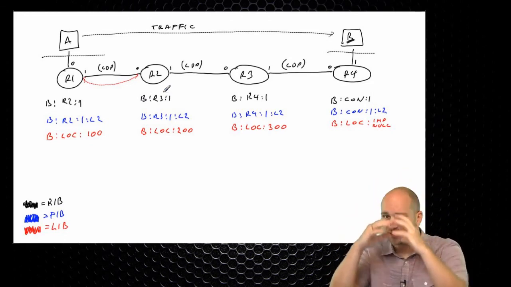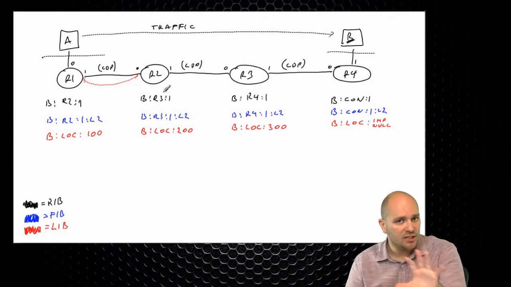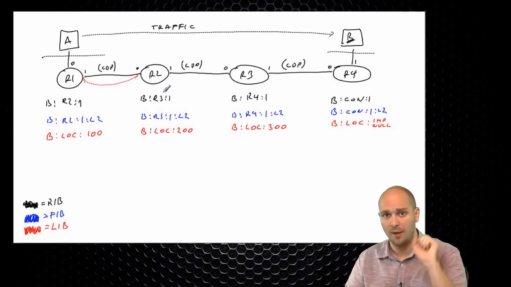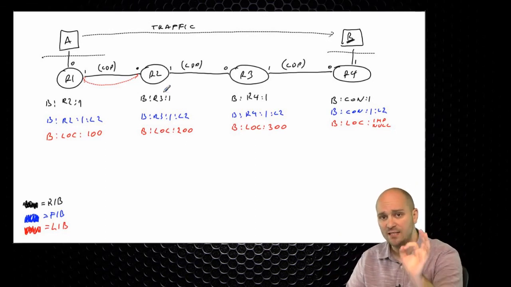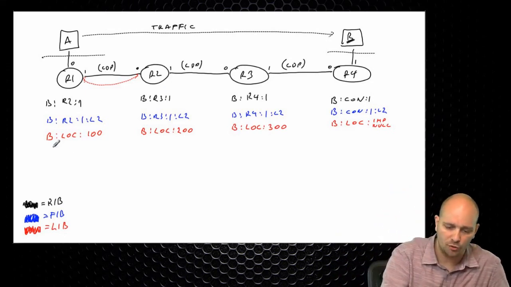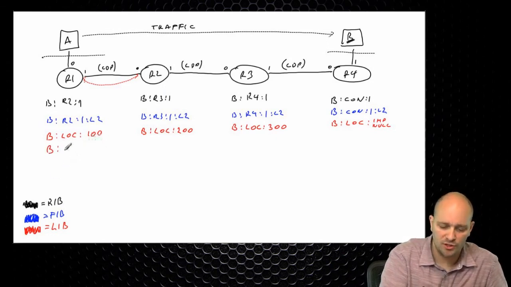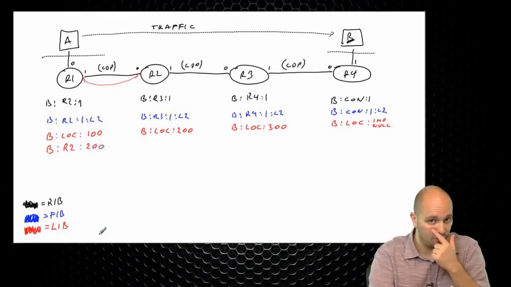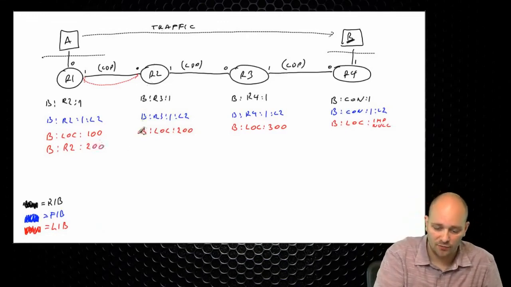Whatever labels they have locally assigned, without the other router actually asking for them, they are going to be sent out. This is what the unsolicited part is. So R2 is going to tell R1, hey, if you want to reach B, you can reach it through me. Use label 200. So this is the information that we actually learned in this direction.